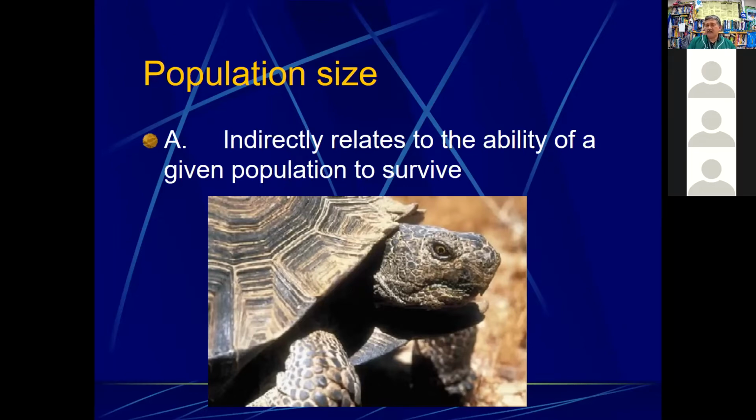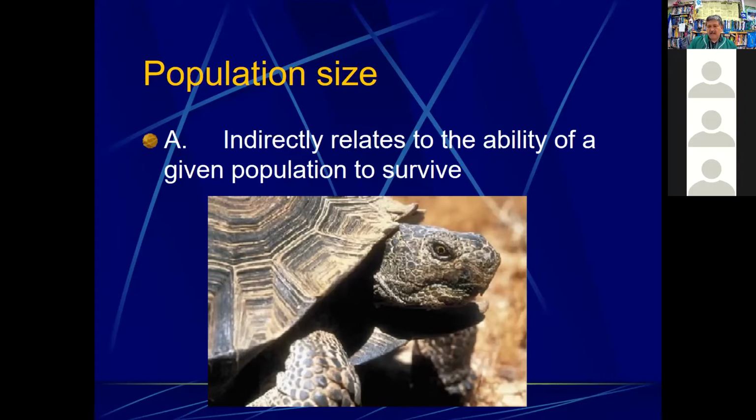If you have a low population size, you'll definitely have in the same area a much lower chance that the individuals will meet, let alone one male, one female, right?